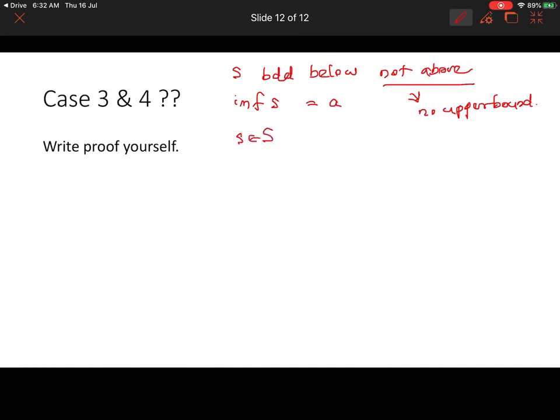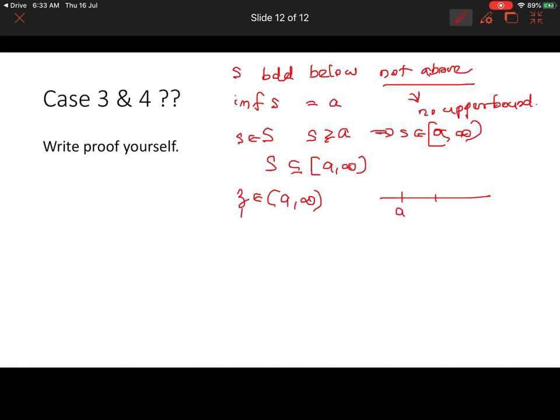Infimum means it is a lower bound. If you take an element s of S, that s will be greater than or equal to A. This implies s is in the closed interval A, infinity. So you can prove S is a subset of closed A, infinity. Now take z in open A, infinity.